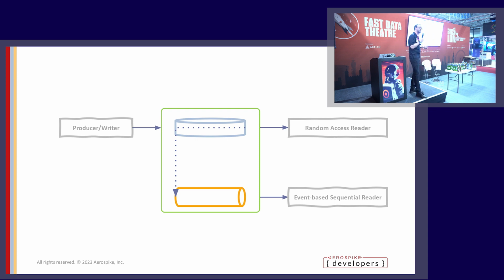If you have a technology that can do both of these, you can end up with something similar to this: you have a topic at the top that is providing you with real-time access to the events that are happening in the system. You have something in the middle that is providing you with random access, right? And the last one can provide you with something like an events-based system. I'm going to talk about that in a second.